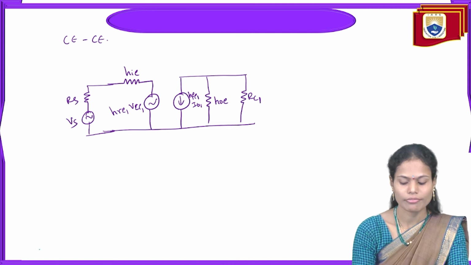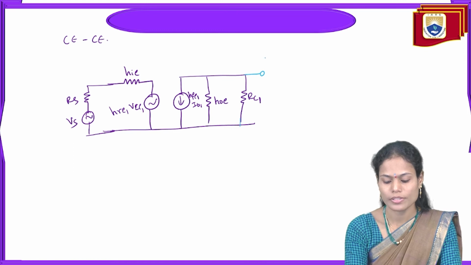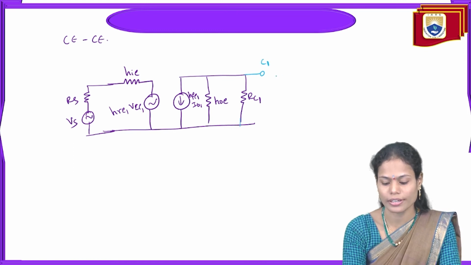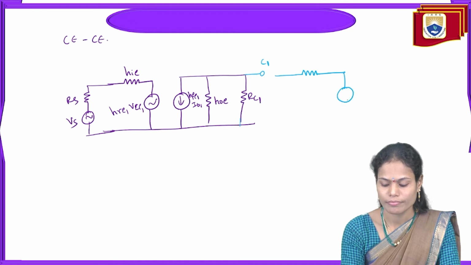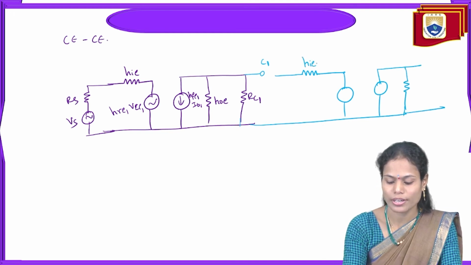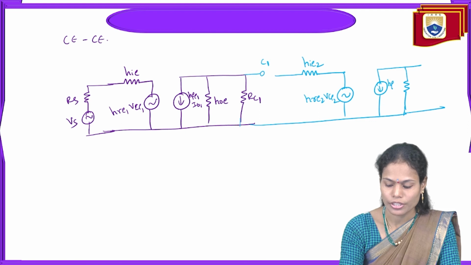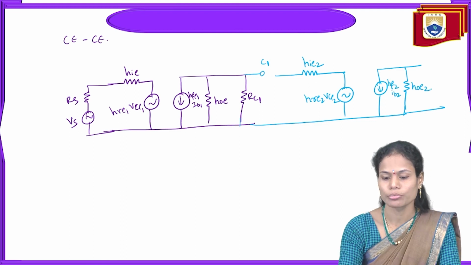And similarly, for the second stage also, this is the collector of the first stage, and from here the second stage is starting. So this is the hybrid equivalent circuit of the second stage, HIE2, HRE2, VCE2, HFE2 into IB2, HOE2 here.